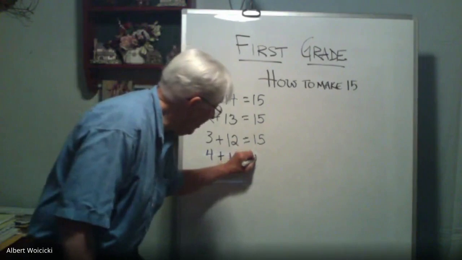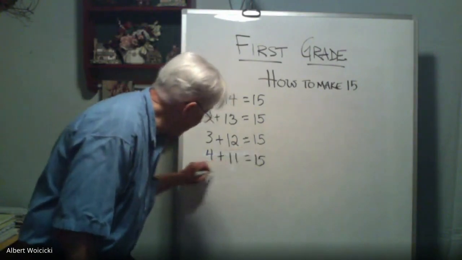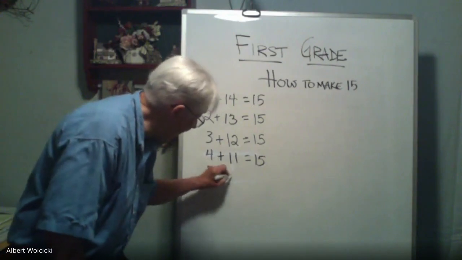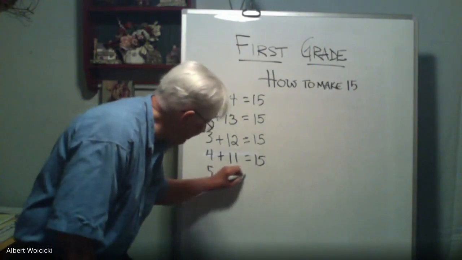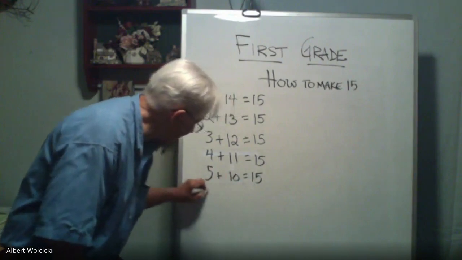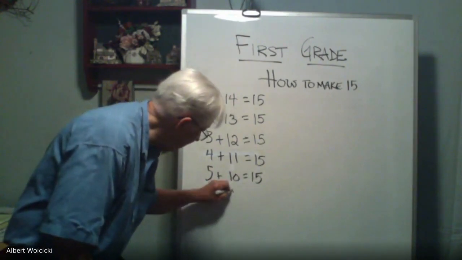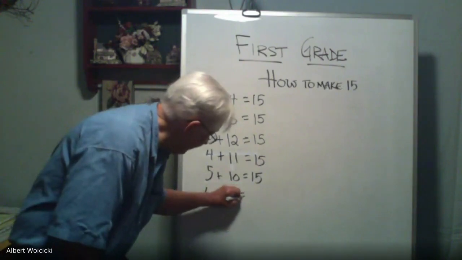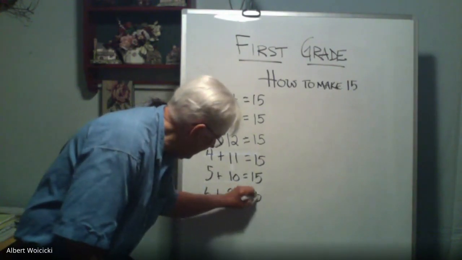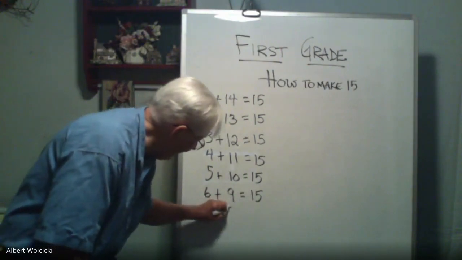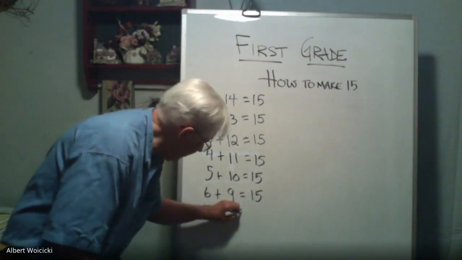Okay, so this sum is also 15, and now we've got a 5, and this here becomes a 10. We think we've got a long list happening, but it's not going to be that long because you see 6 plus 9 equals 15. And then we have 7 plus 8 equals 15.